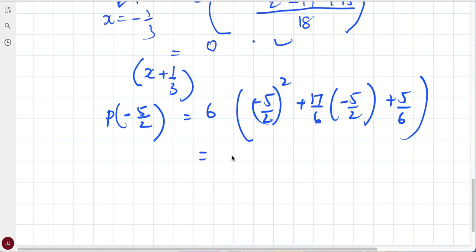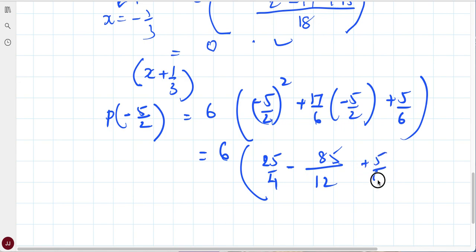So this is going to give 6 into minus becomes plus 5, 5 square 25 by 4 plus, the denominator is 12 and 17 into 5 7 is 35, 85, minus 85 plus 5 by 6.